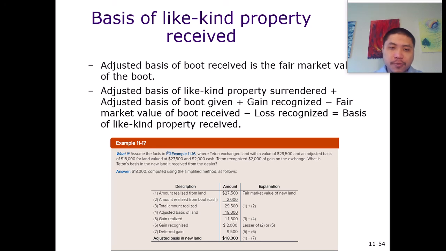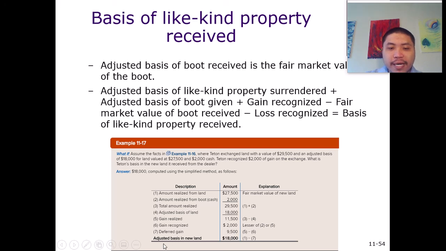In this example, the way they solve it here is what is called a simplified method. They take the fair market value of the new land and subtract the deferred gain to get the adjusted basis of the new land. We know the fair market value of the new land is $27,500, and the deferred gain we calculated is $9,500.